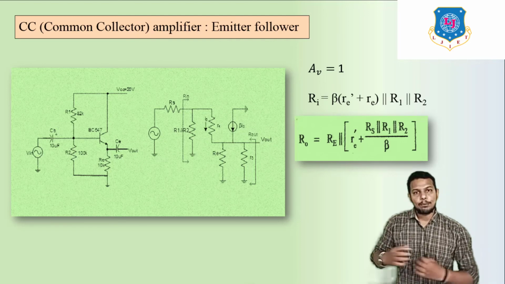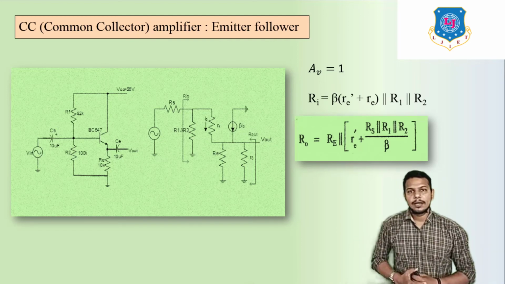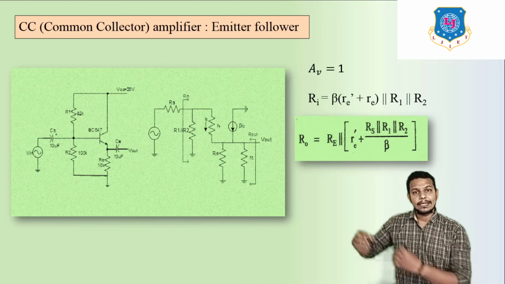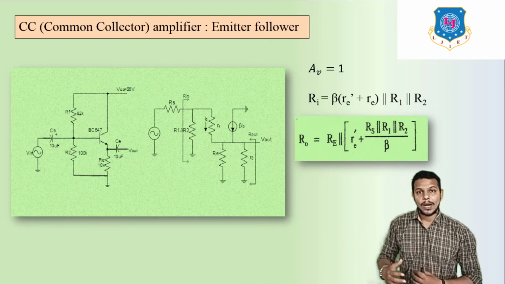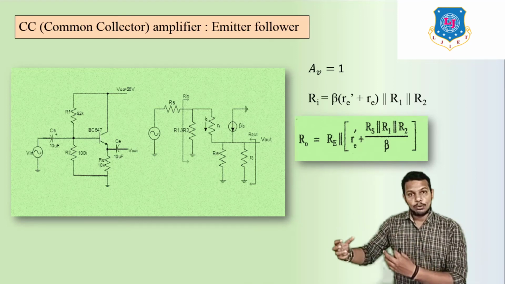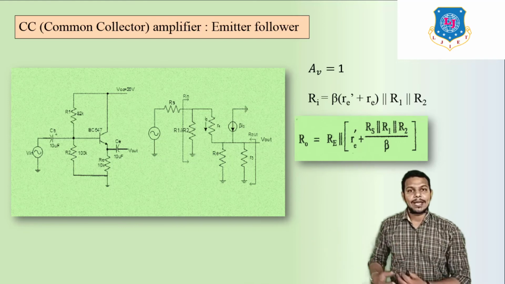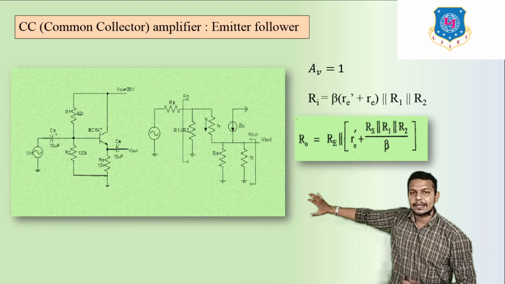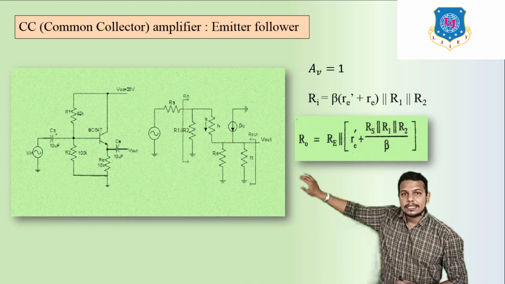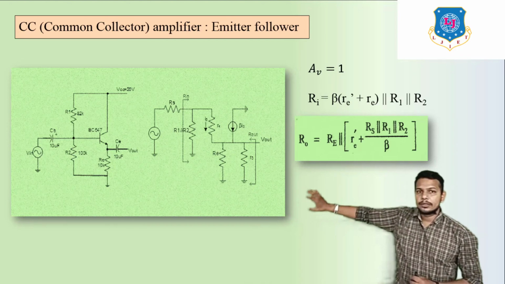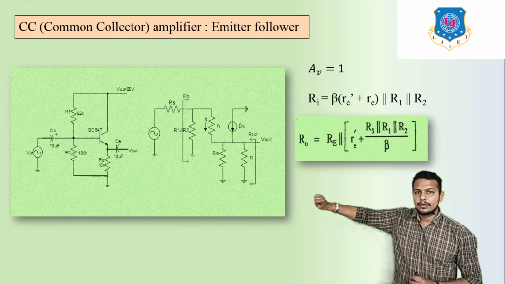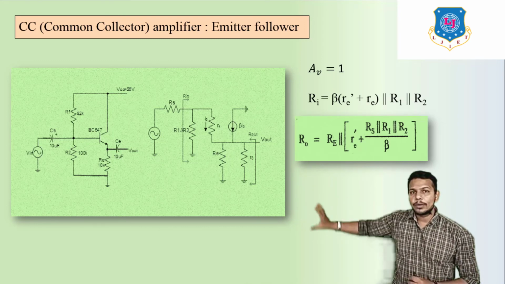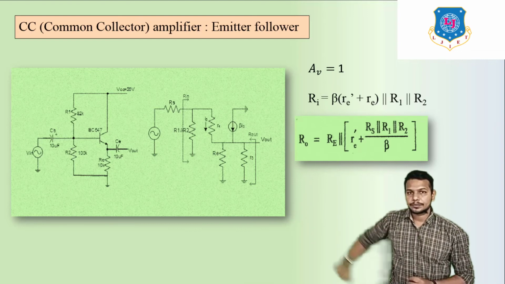Here the input is provided at the base terminal, and we get the output at the emitter side. That's why, due to the output at the emitter side, it is known as emitter follower. Here we can see the circuit diagram of the CC amplifier.